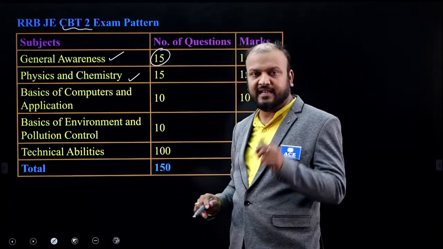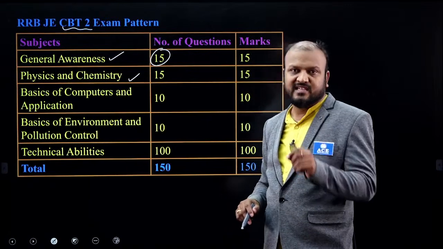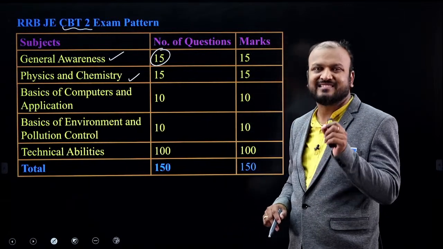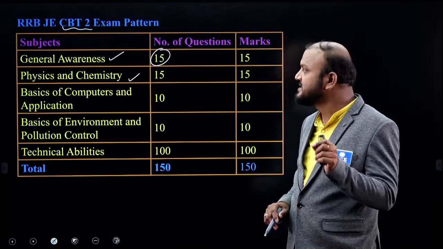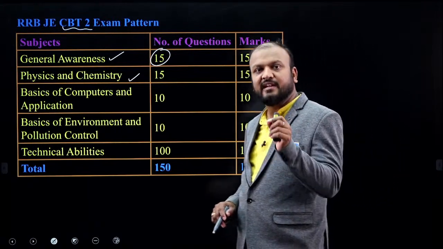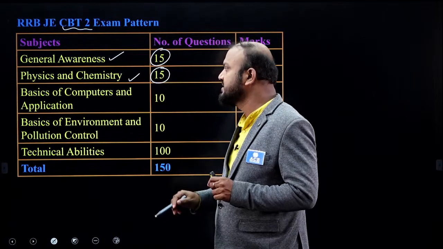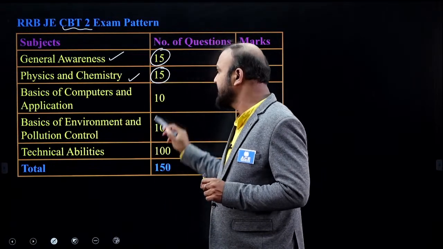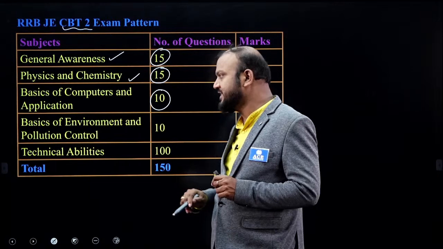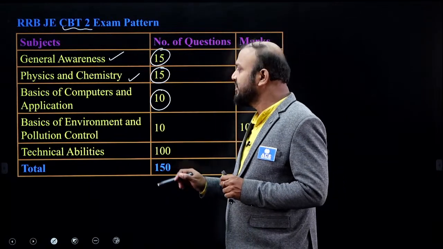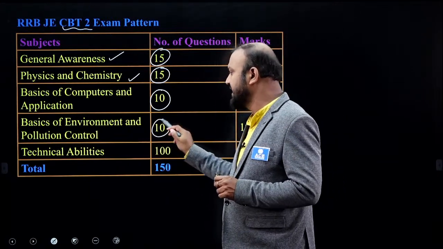Physics and chemistry, again CBSE 9th and 10th standard science, that is physical science, biology and chemistry. And on physics and chemistry, there are 15 questions. And basics of computers and applications will have 10 questions. And basics of environment and pollution control, 10 marks.